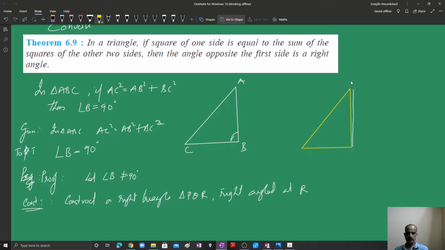So the right triangle is triangle PQR, so that AB is equal to PR and BC is equal to QR.